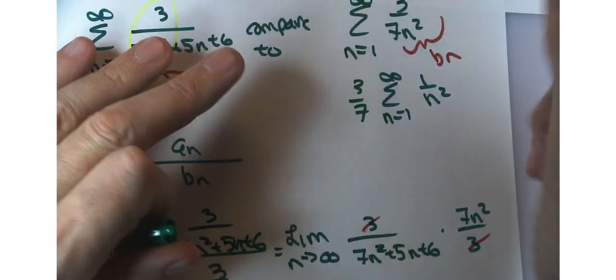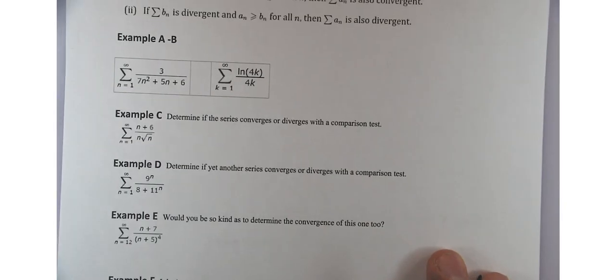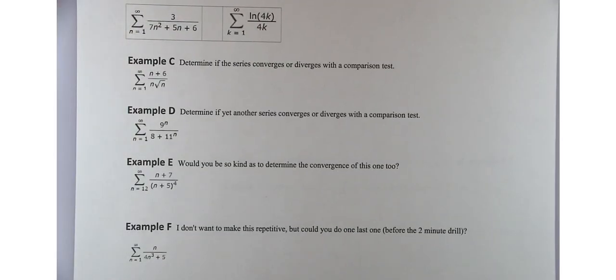Okay. Let's do a bunch more. Let's try and guess first about whether or not you think the series is going to converge or diverge before we actually jump into it.